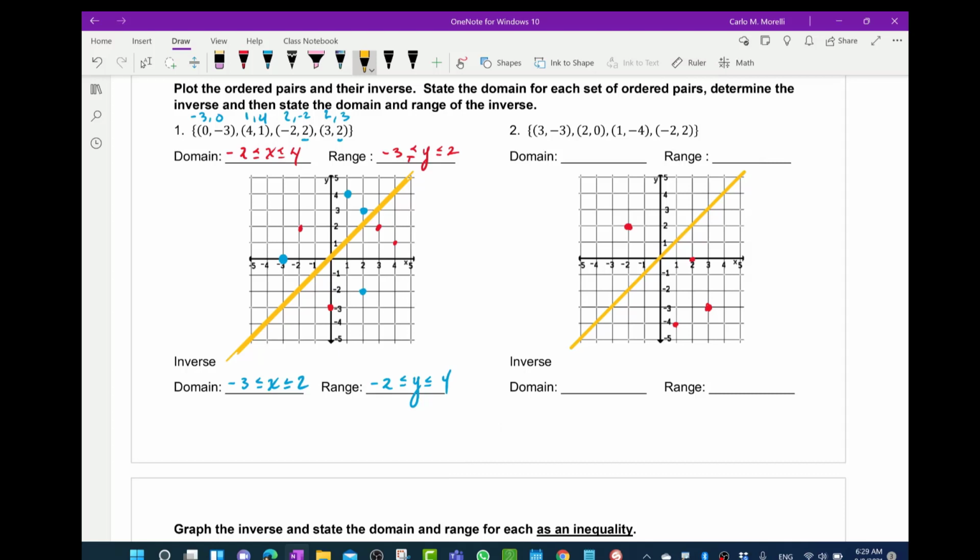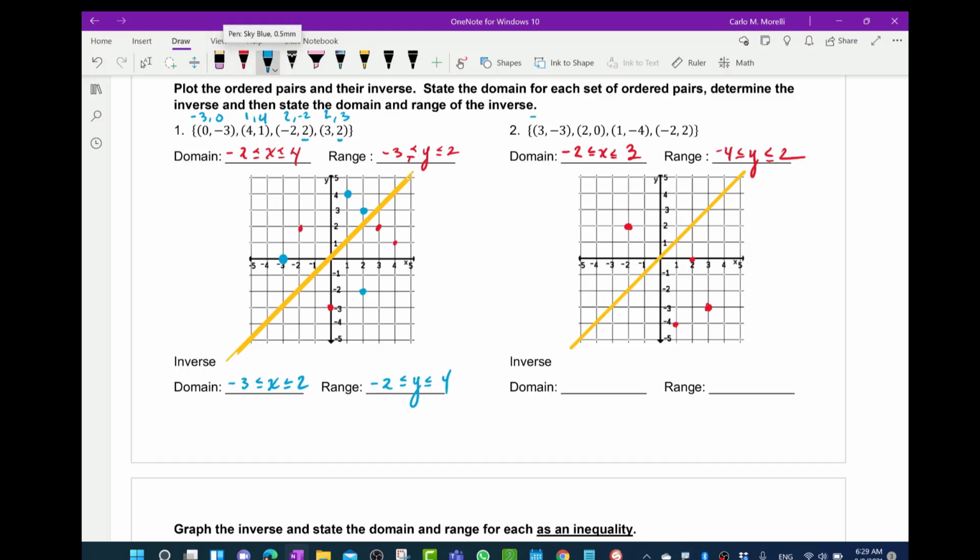Nice. All right, so now first let's find the domain here. That's going to be negative 2 less than or equal to x less than or equal to 3. And the range is going to be negative 4 less than or equal to y less than or equal to 2. And so now we'll go ahead and find the inverse.